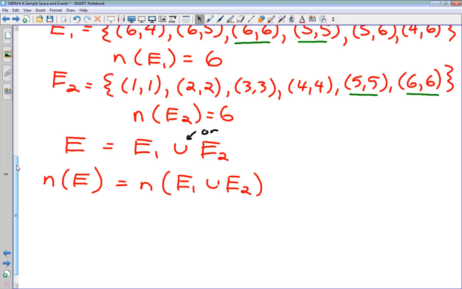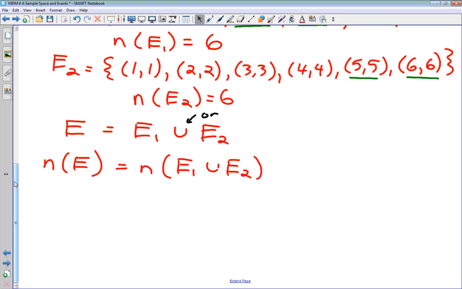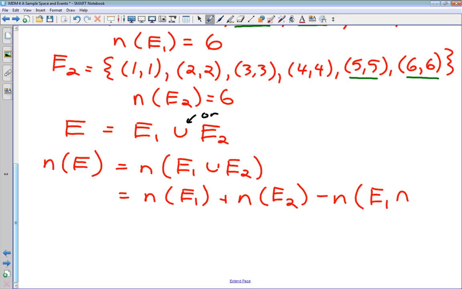So when we're working on a question like this, where we're looking at the number of elements inside here, we have to use that principle of inclusion-exclusion that we looked at in Unit 2. When we did that, we said that if we were looking at the number of things in a union of two sets, we can take the number in set 1 plus the number in set 2, but we have to be sure to subtract off the number of elements that are in the intersection of those two sets.